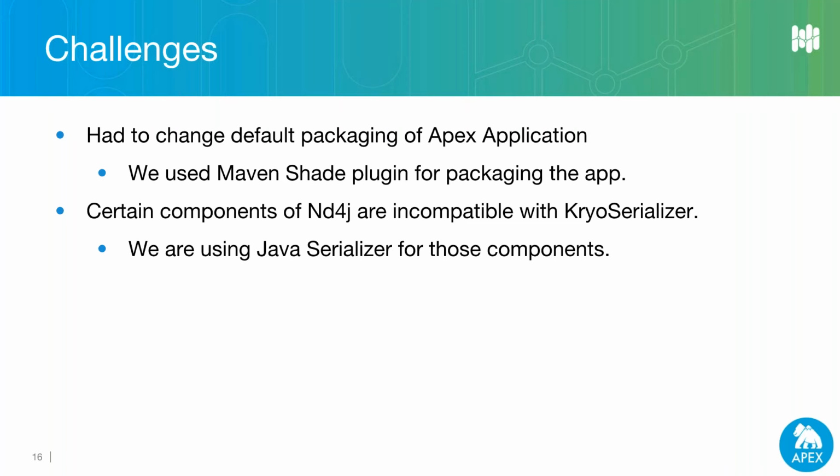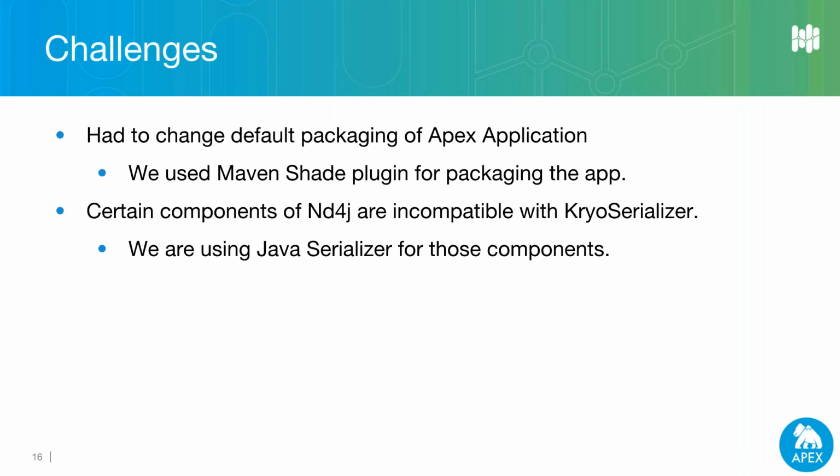These are a few of the challenges we faced. One was that Apex applications are packaged in a certain way. We create an Uber jar for Apex applications, which holds your application code, and we also package some configuration and dependencies along with it.